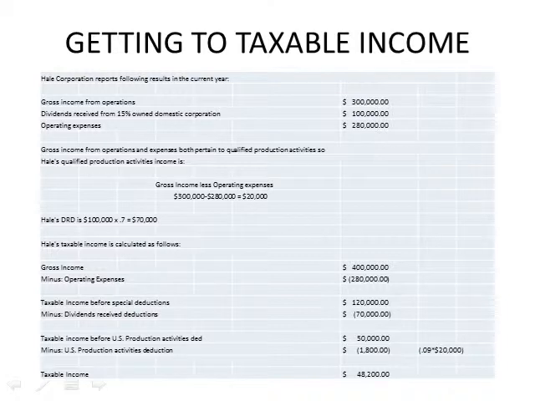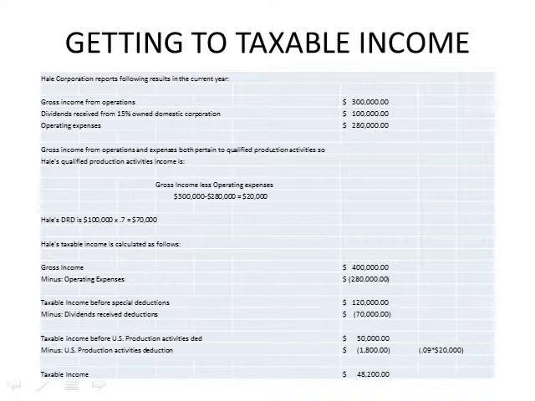We also know that because it's a 15% owned domestic corporation, there's a 70% dividends received deduction of $70,000 available, unless there are limitations.